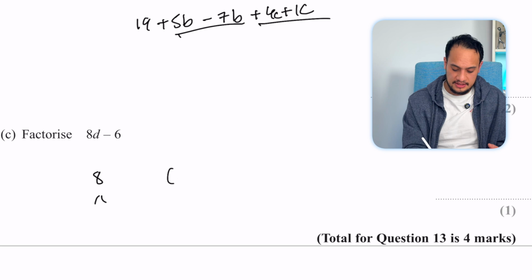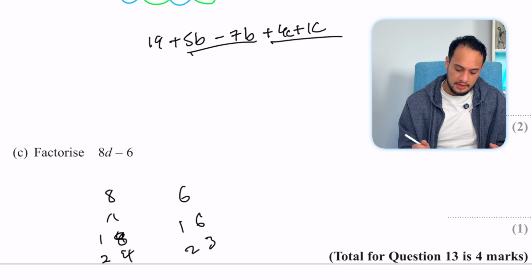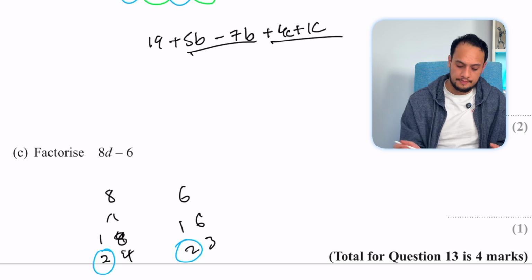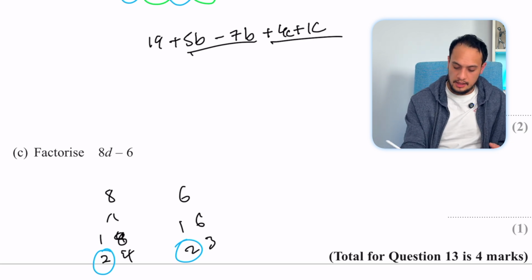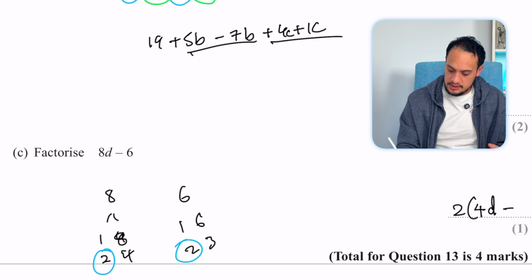So you've got 8 and 6. You've got 1 and 8, and you've got 2 and 4. 1 and 6, and then you've got 2 and 3. So you can see our highest common factor is 2. So I can factor that out. And I get 2 times 4d take away 3.